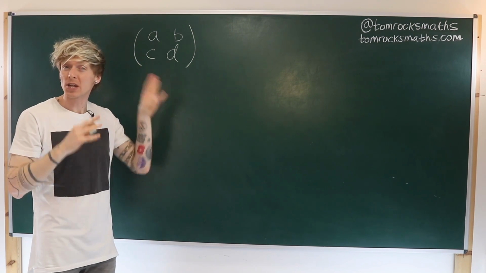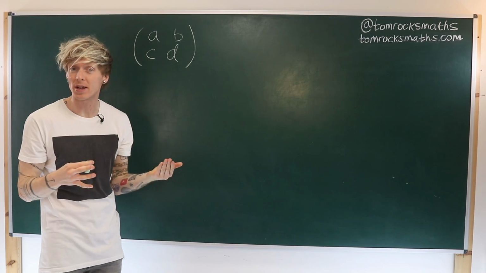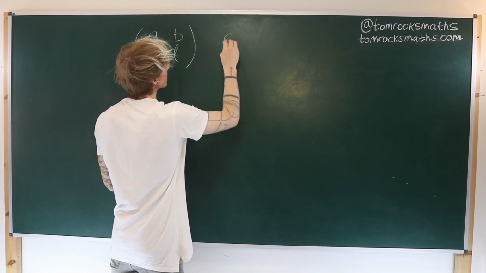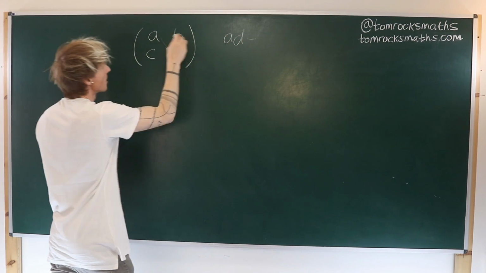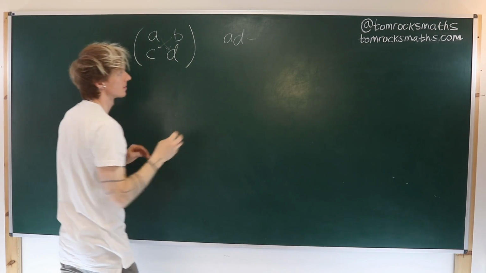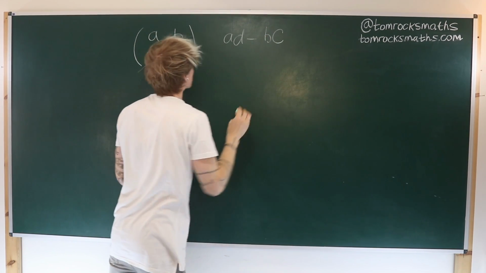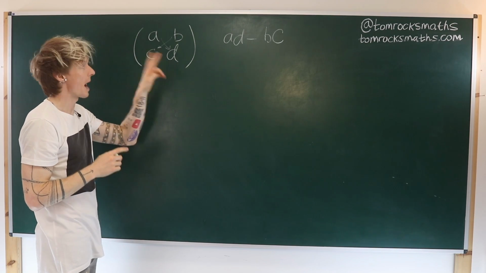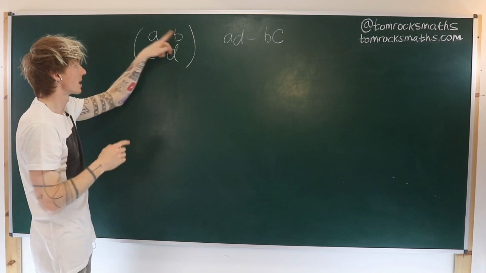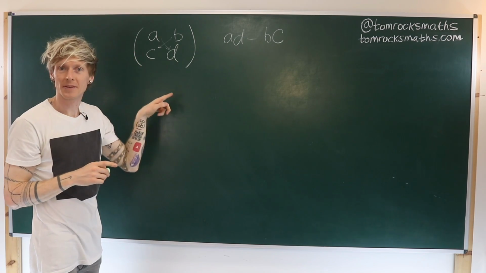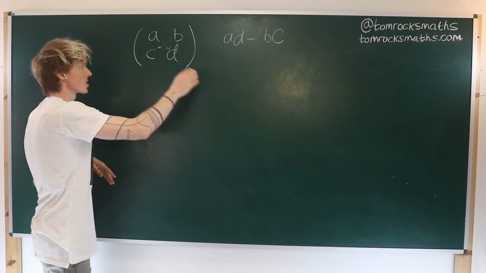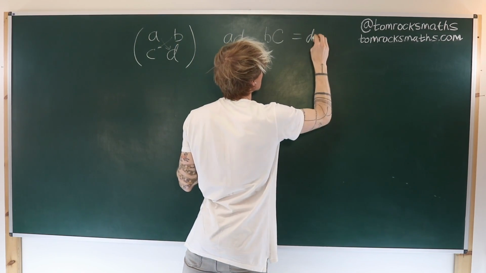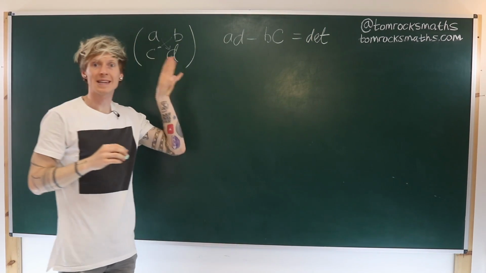Now, we define the determinant of this 2x2 matrix to be A times D minus B times C. So what we're doing is the top left multiplied by the bottom right, and then you subtract the top right multiplied by the bottom left. So if you just remember, for this matrix ABCD, the determinant is equal to AD minus BC.